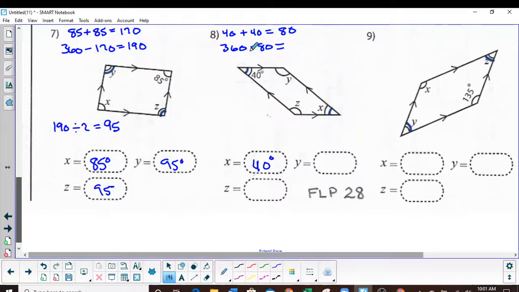Gives me, what is 360 minus 80? 280. I need to divide that amongst two angles, so I'm going to take my 280 and divide it by 2, which gives me 140 degrees for my y and my z.